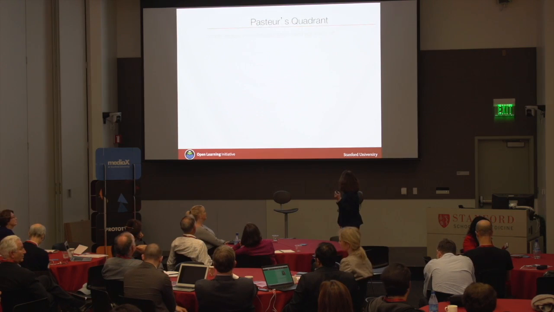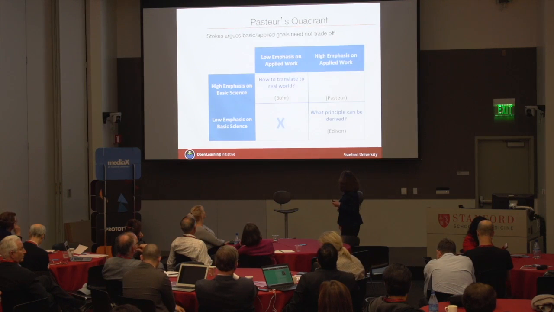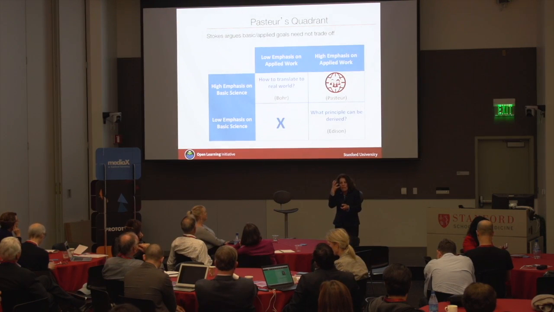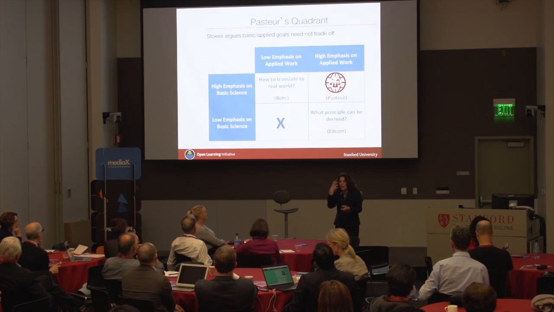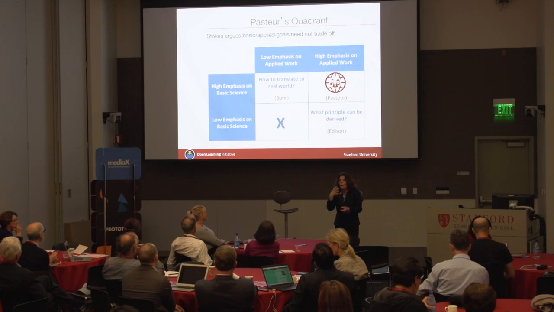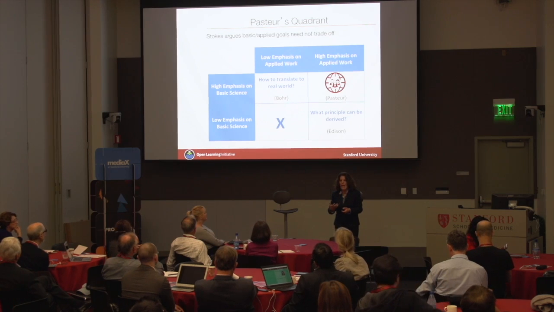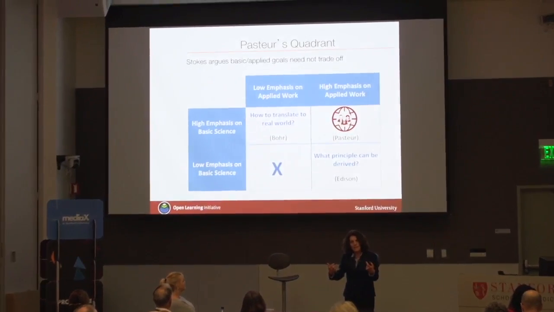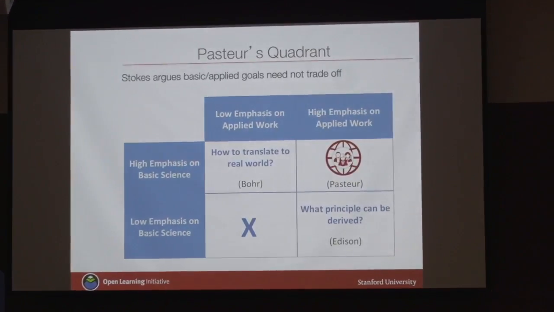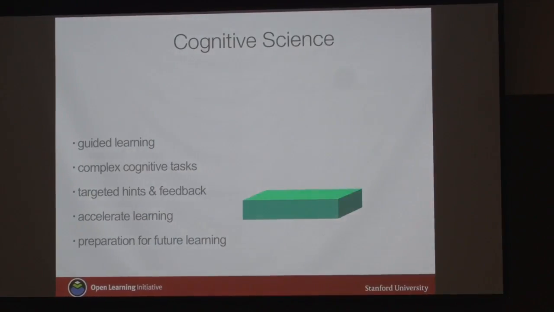And that puts us squarely back into Pasteur's quadrant, where we're constructing. So then, now if you think about it, every time you're constructing a learning activity, what you're essentially doing is making a hypothesis. And then we can test that hypothesis by the students' interactions with that activity.